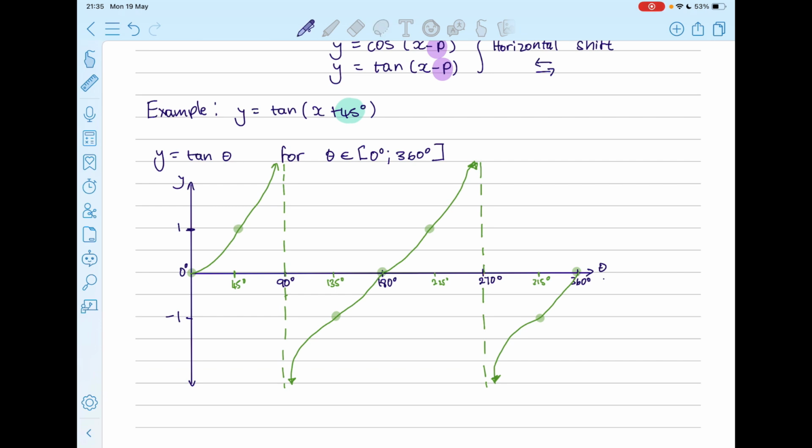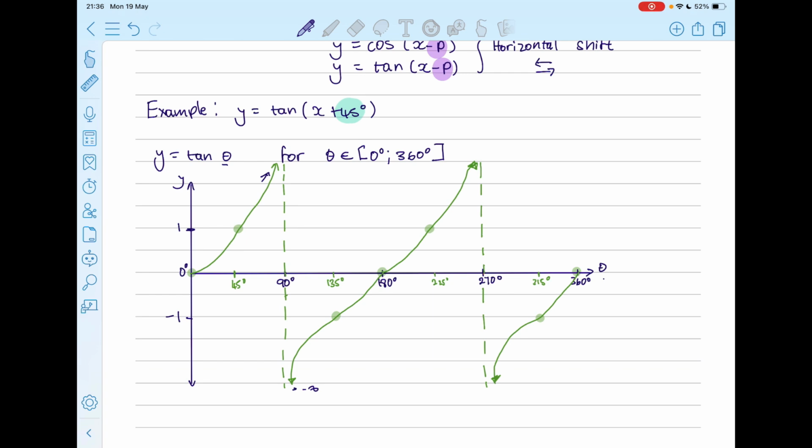And then from there, it keeps increasing until it hits that asymptote at 90 degrees. Well, in this example, it was theta. And then continuing on, it starts increasing again, coming from negative infinity over here. And when theta is 135 degrees, we find that y is negative 1.